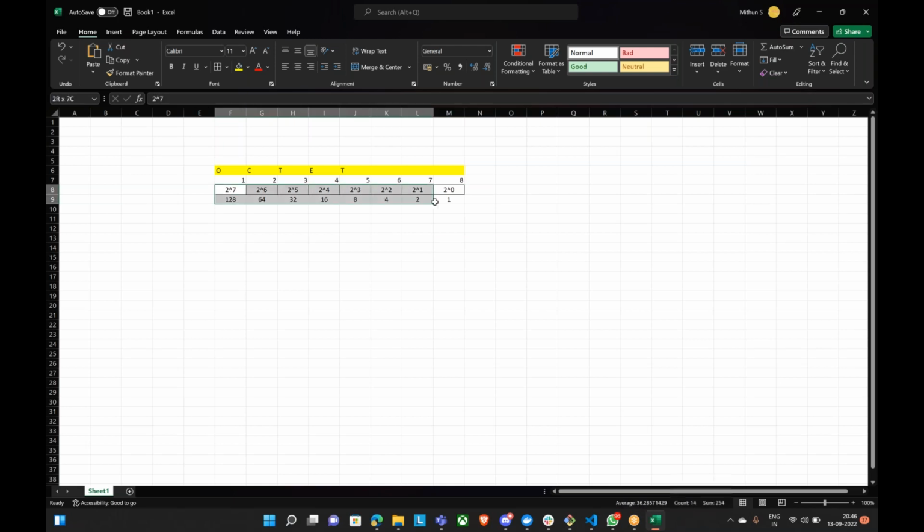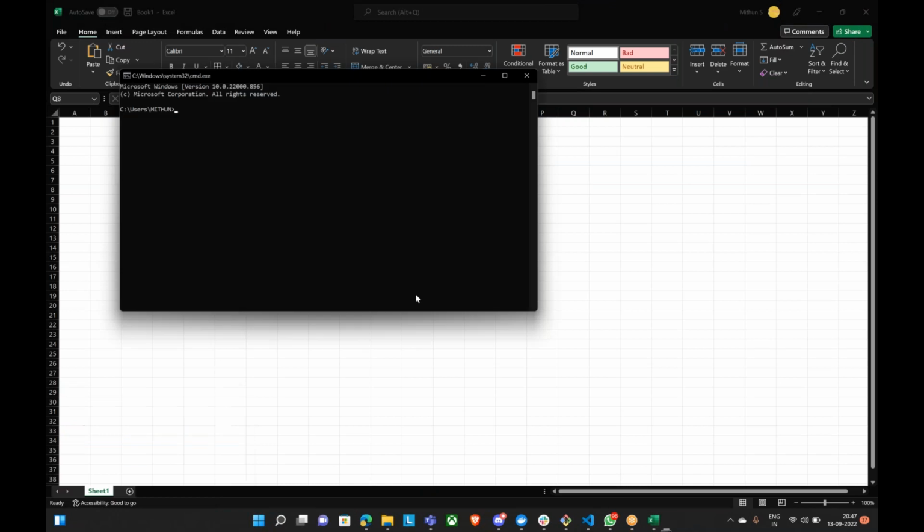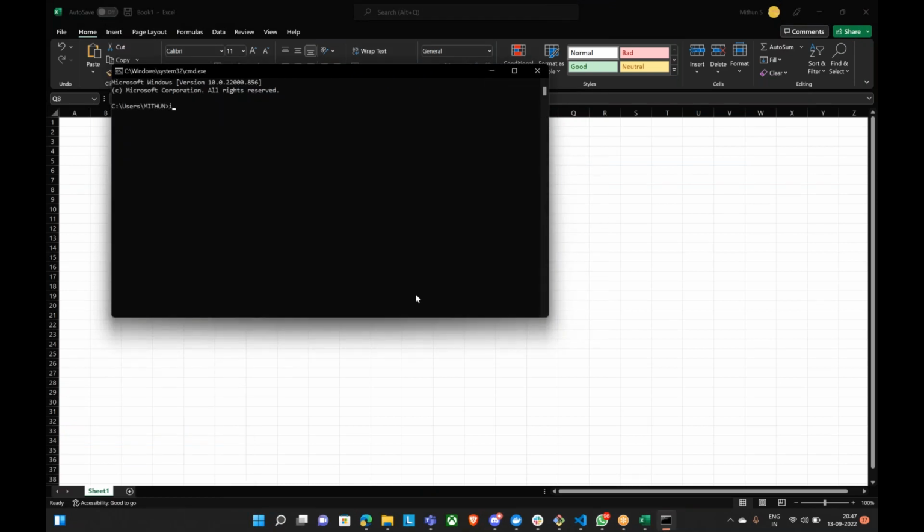Now how do we convert any value? For example, I can give any IP address. So let us pick the IP address of our computer itself, I mean my laptop. Just press the Windows key and R, type CMD and enter. To get your laptop's IP address, you have to type ipconfig and enter.